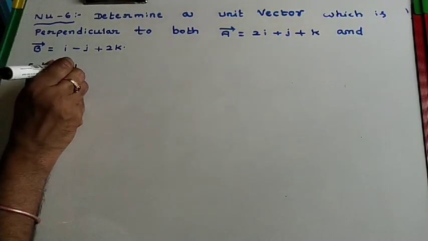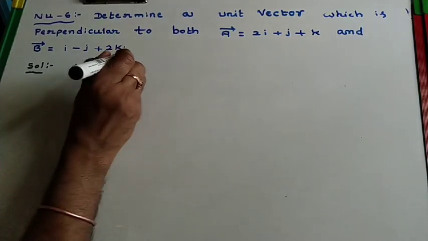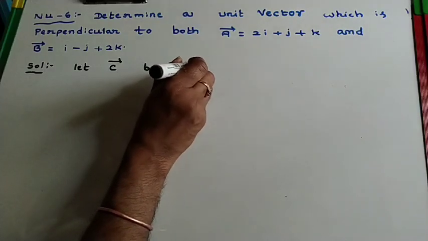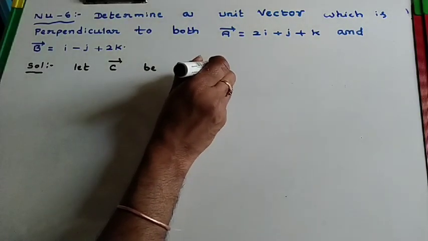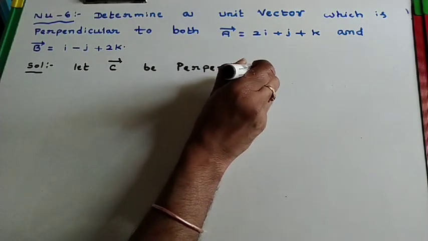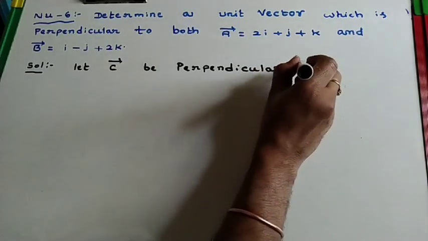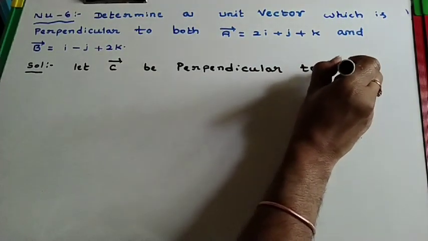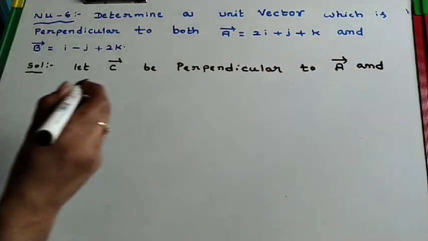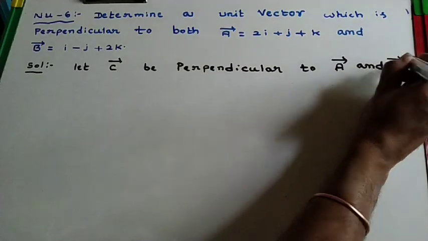Let C be perpendicular to A vector and B vector.